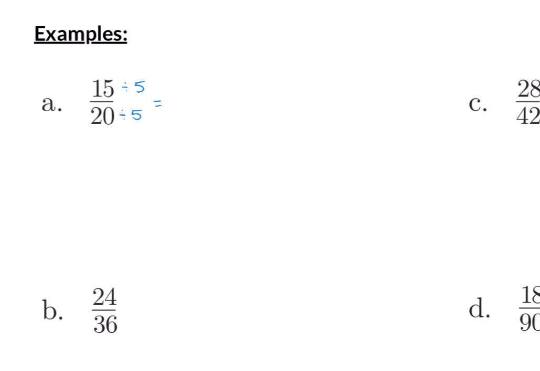When working with fractions, one of the things that we're going to see is that whatever we do to the top, we need to do to the bottom. And that applies to simplifying fractions as well. If we divide the top by 5, we need to divide the bottom by 5. We should end up with 3/4. And 3/4 is a simplified fraction.